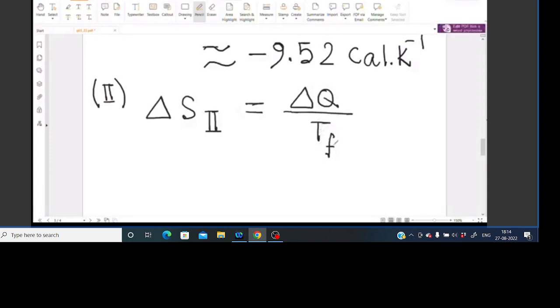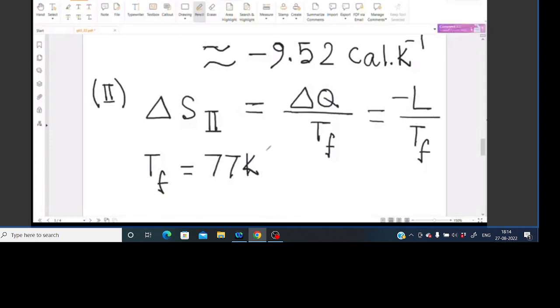So here the temperature Tf is constant during the liquefaction process, where Tf is 77 Kelvin. And dq is equal to minus L, because latent heat is released by the gas in the liquefaction process.